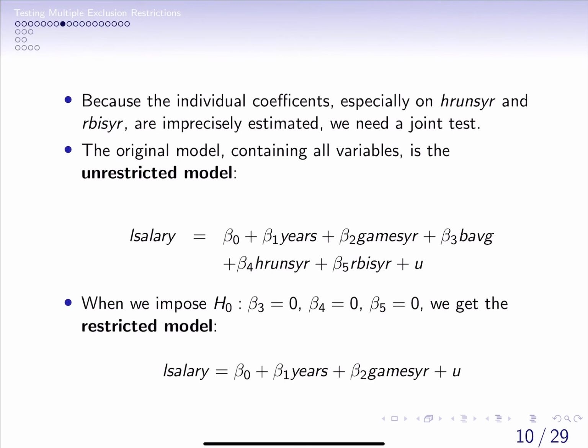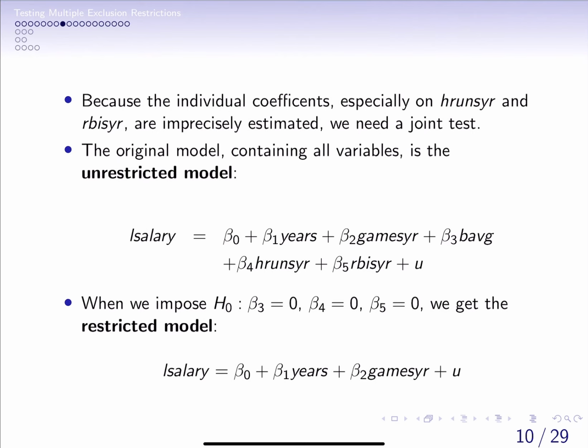Now, because these individual coefficients are imprecisely estimated because the variance of our estimators is high, we can rely on some sort of a joint test. Okay, so when we start constructing the F-test, we want to talk about two models.